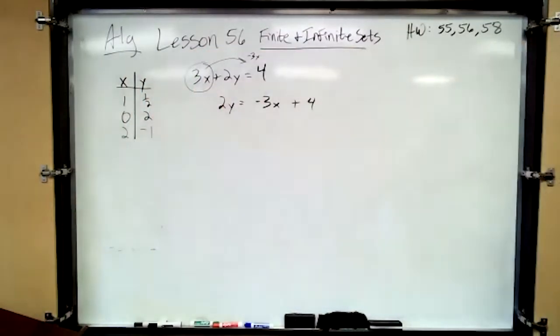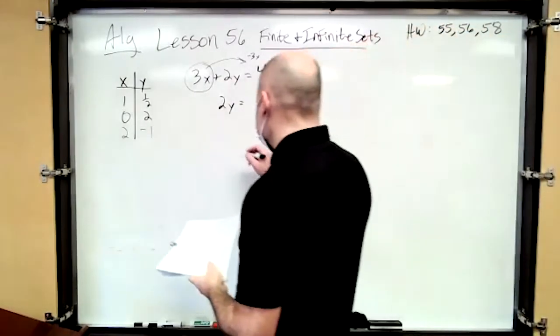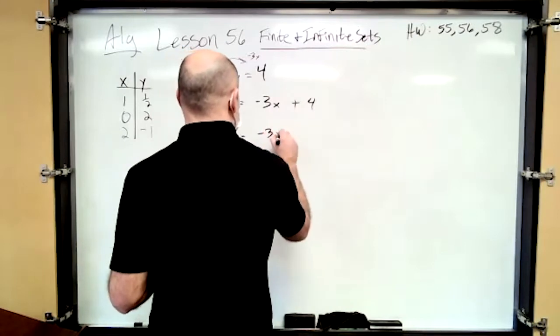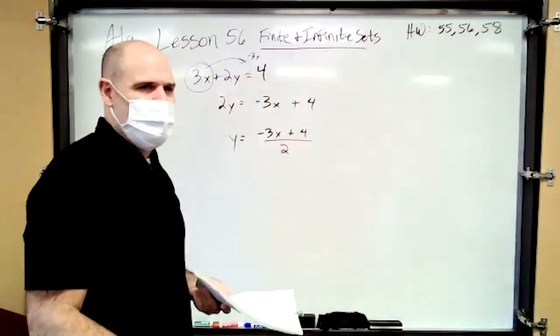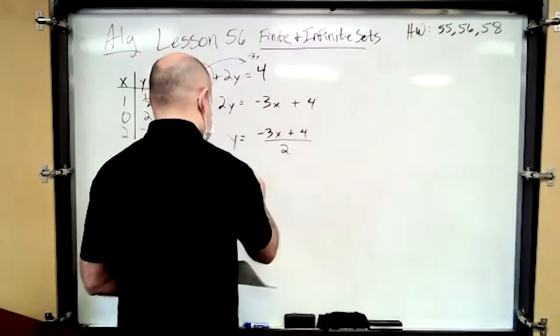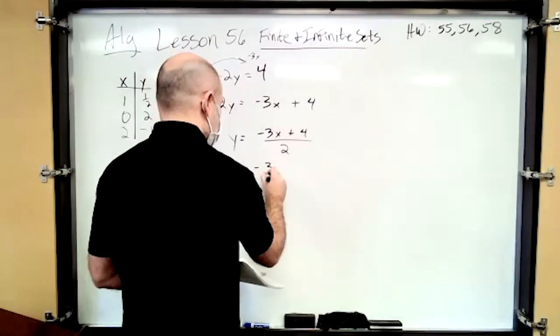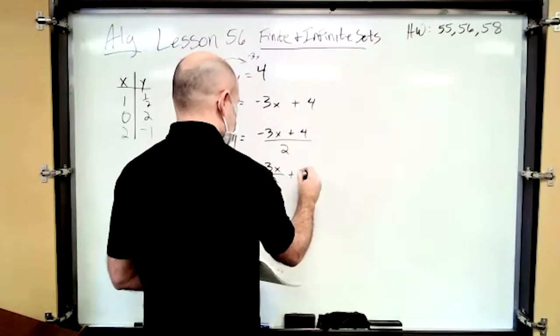So now, we're not by itself, so what do we have to do now? How do we get rid of that 2? Divide it, okay? So y equals negative 3x plus 4 all over 2, right? Okay, so we could do this separately. So negative 3x over 2 plus 2, right?